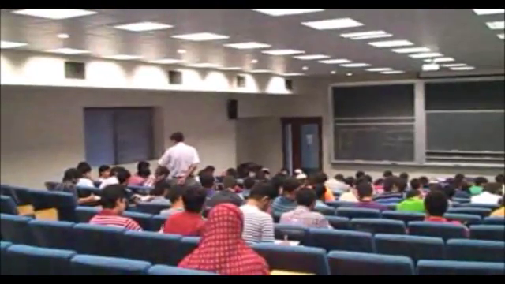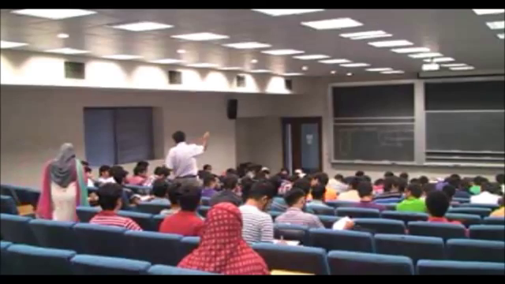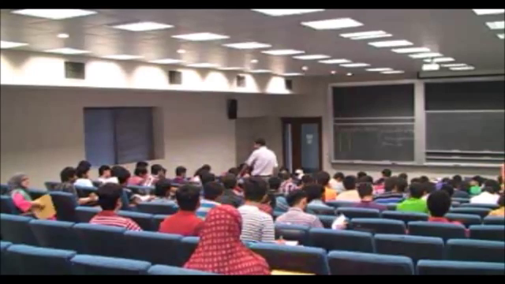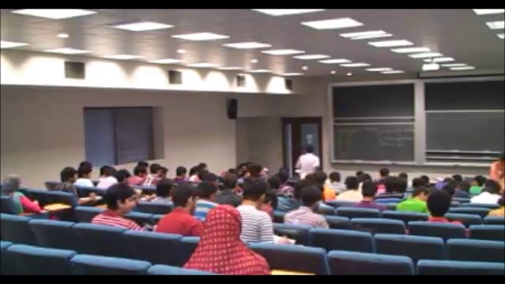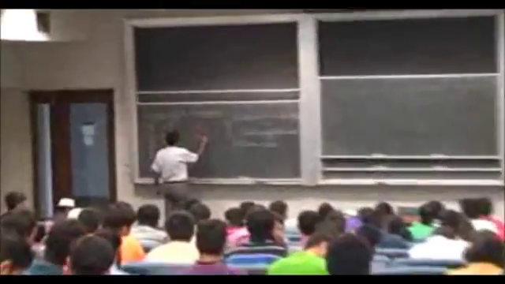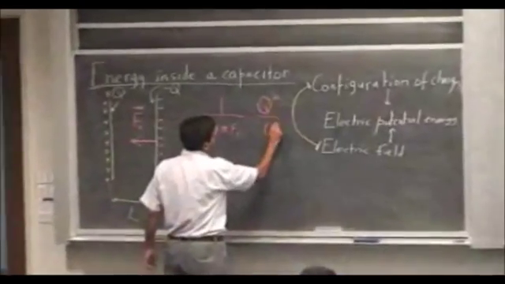This is incorrect. It's incorrect because you cannot define a distance between a positive and a negative. There are different distances. Most students would write something like this: 1 over 4 pi epsilon naught q squared divided by L squared.